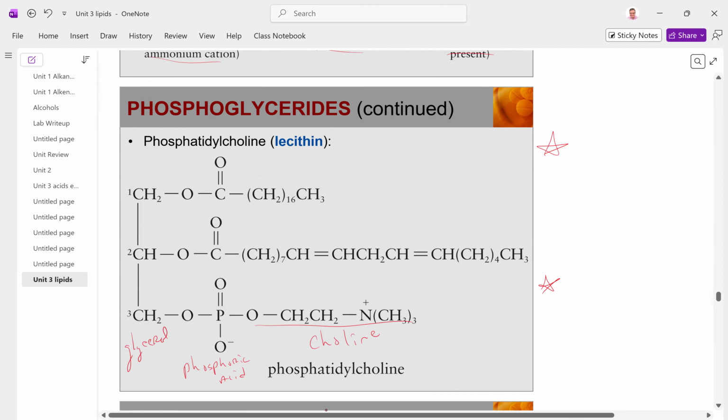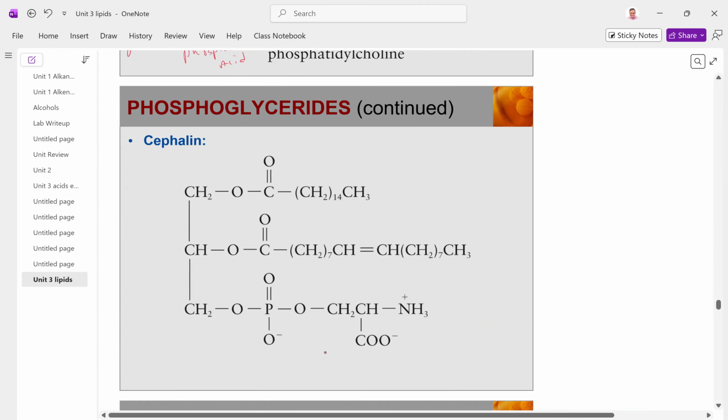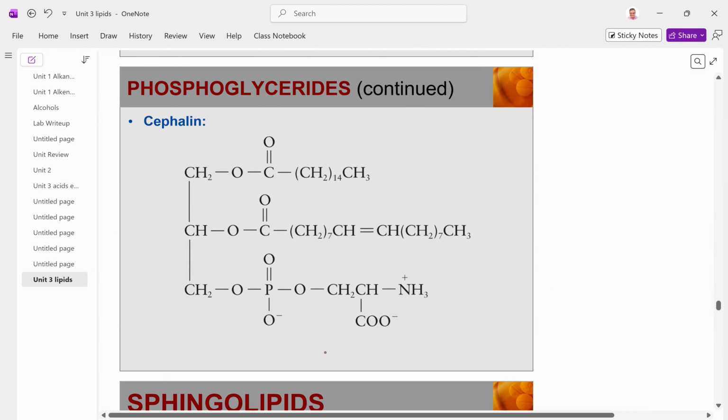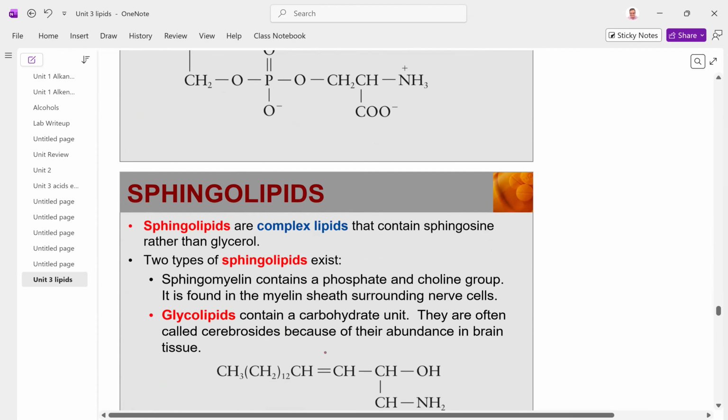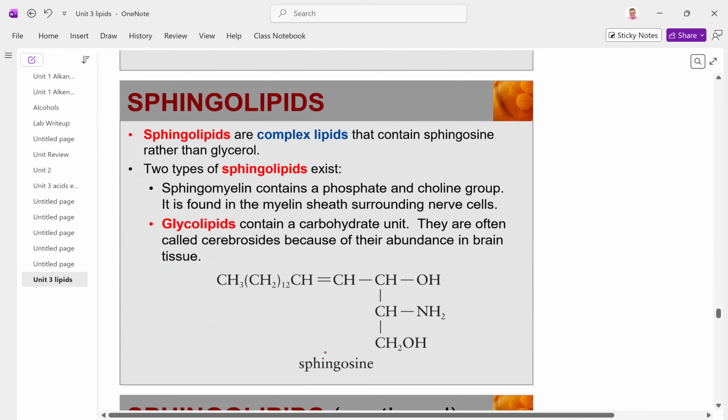Here's the phosphoric acid, here's the glycerol, and here's the choline. And this doesn't matter. It can vary. It really doesn't matter. Here's some other examples.